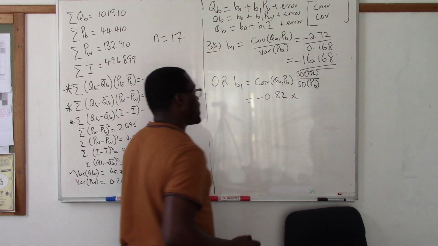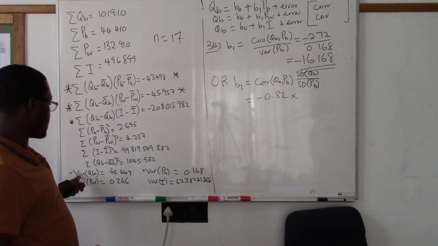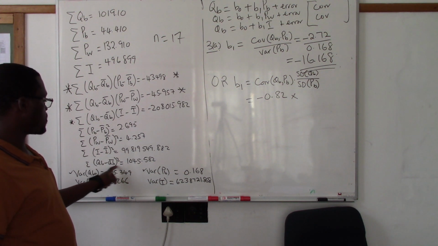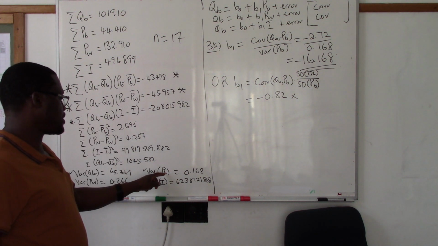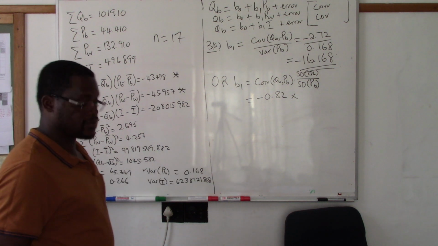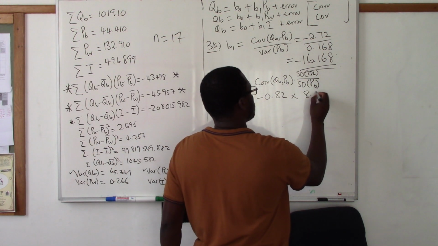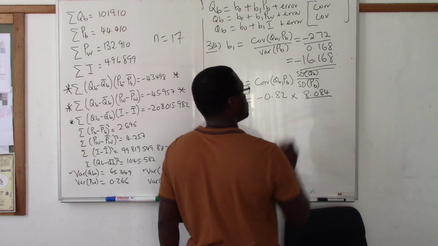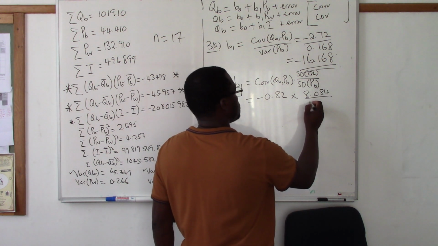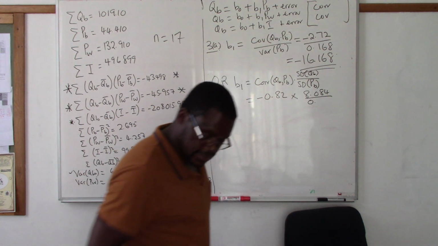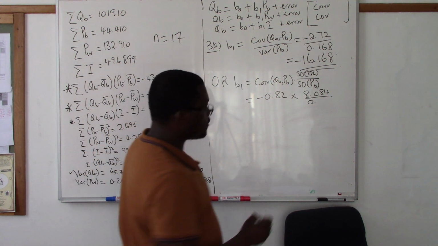We are multiplying it by the standard deviation of QB, 8.084, over the standard deviation of PB, which is the square root of the variance, 0.410.